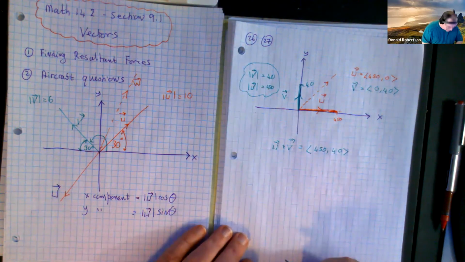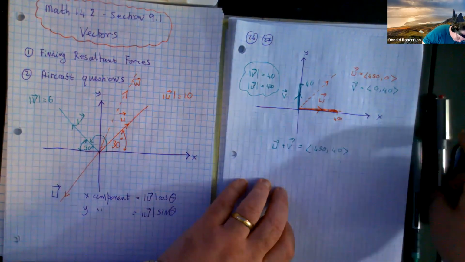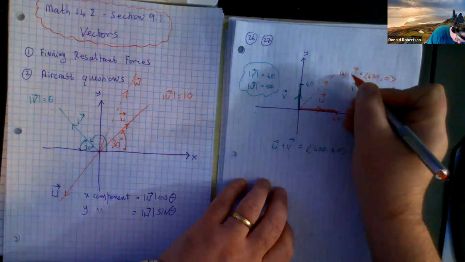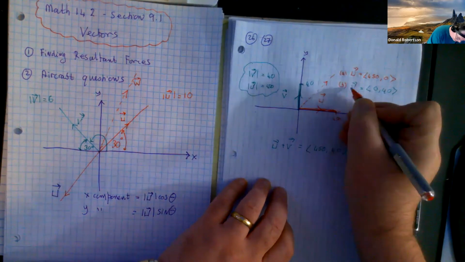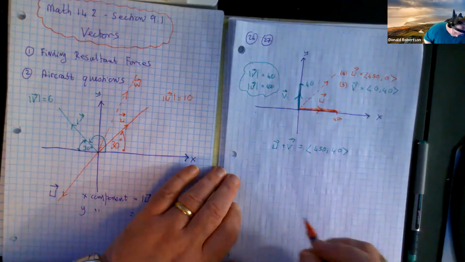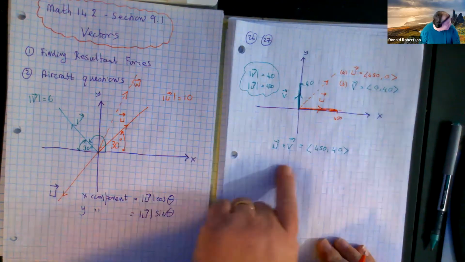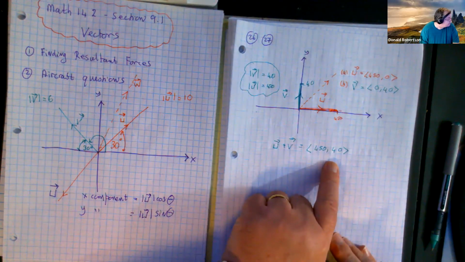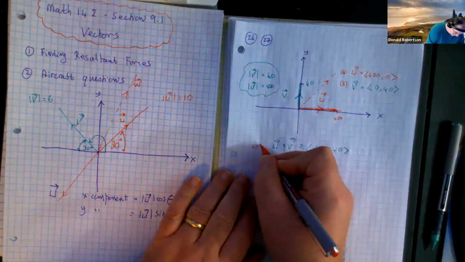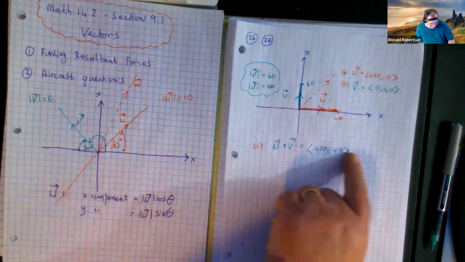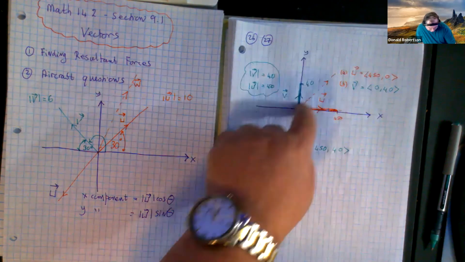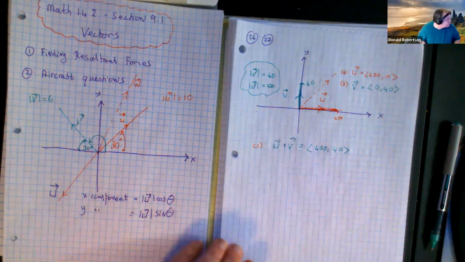Now, we've already answered question A, which is this guy, and question B, which is this guy. Question C doesn't ask, does it? Yeah, it does. Question C asks for the vector for the aircraft. So that's this fella.